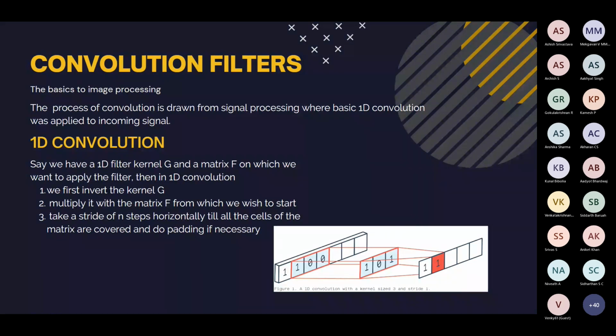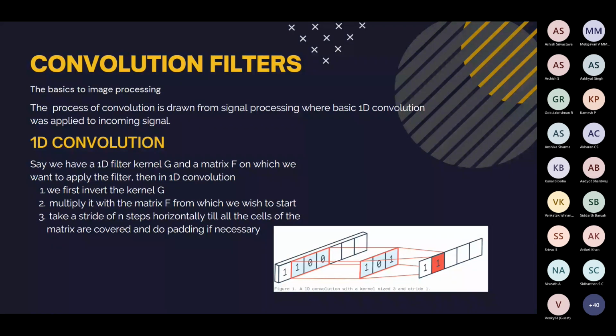So what they would do is use a filter and pass the signal through this filter to get the desired output. So this is where convolution took its root. And the basic one which was used in signal processing is the 1D convolution. I'll be explaining this to you because this is really important to understand how 2D convolutions work.